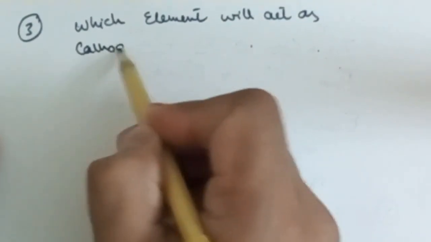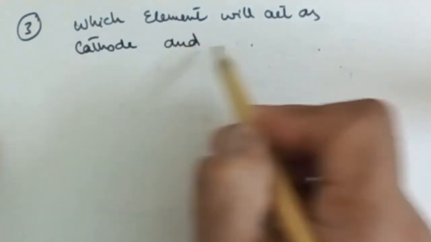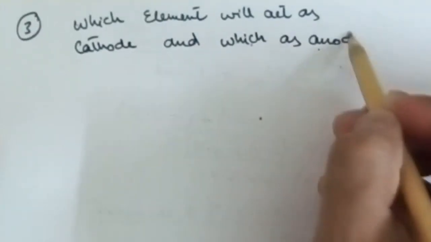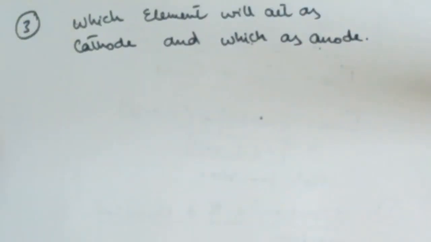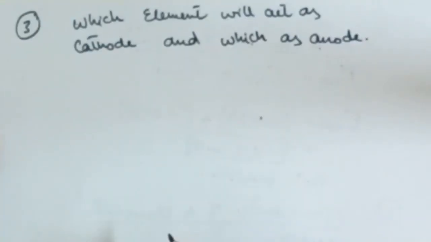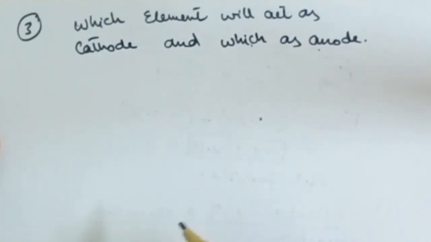Application of electrochemical series is to find out which element will act as cathode and which is anode. So remember that the electrode which has less reduction potential will act as anode, and the one which has higher reduction potential will act as cathode.